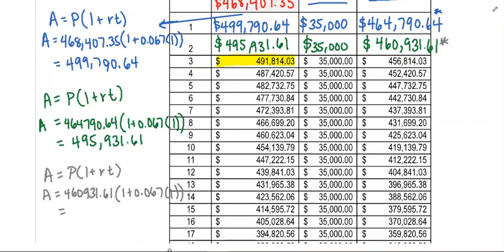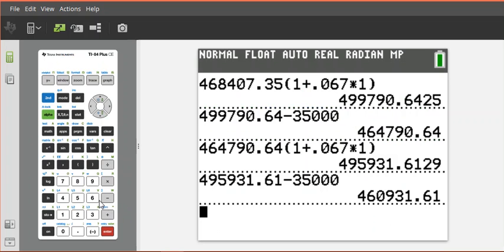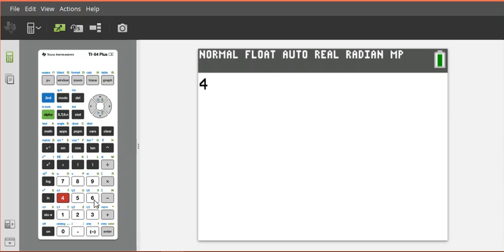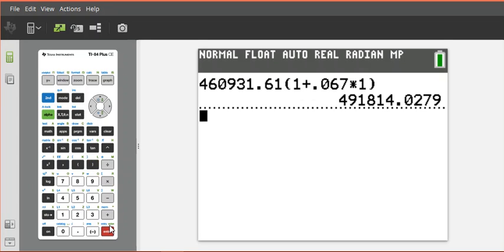We're going to have $460,931.61, and we're going to multiply that by 1 plus R times T. There you go. This is the balance in the account right before the third payment is made.